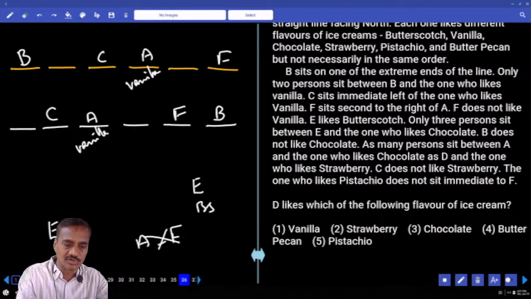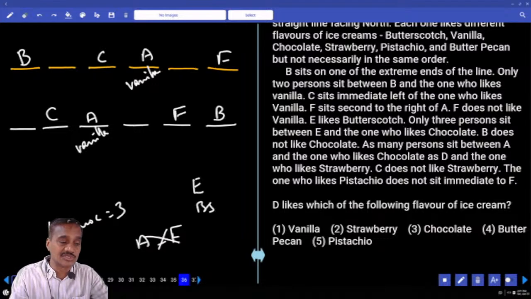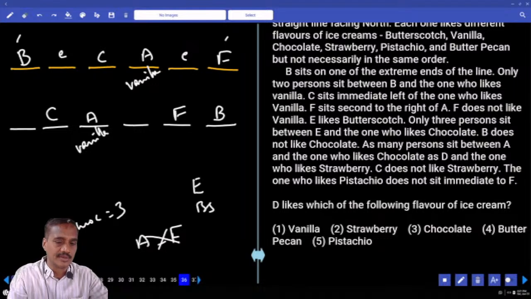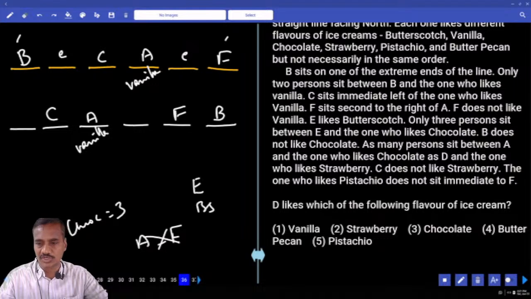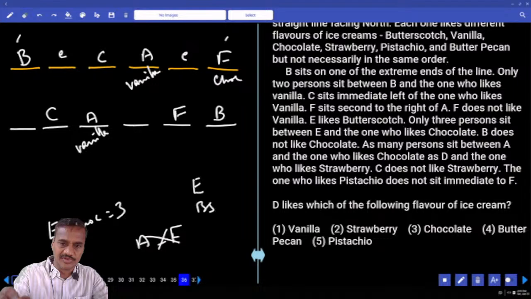That means my chocolate must be at the extreme end. ఇక్కడ E unte, then F must be chocolate. ఇక్కడ E unte, B must be chocolate. And 2 possible. Now E is butterscotch, and B does not like chocolate. As B does not like chocolate, F is chocolate. Now if F is chocolate, then where should this E be?